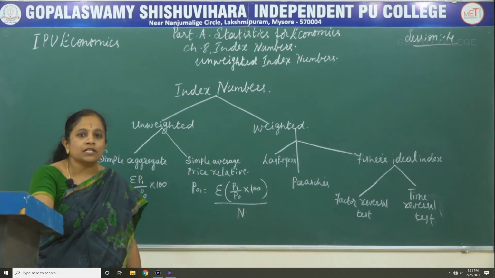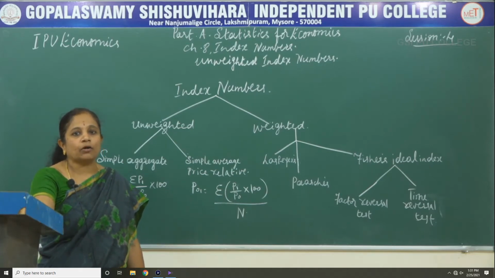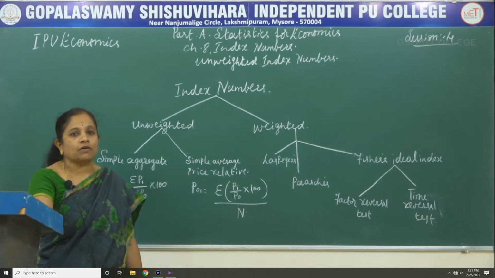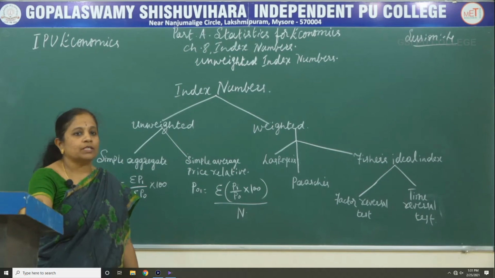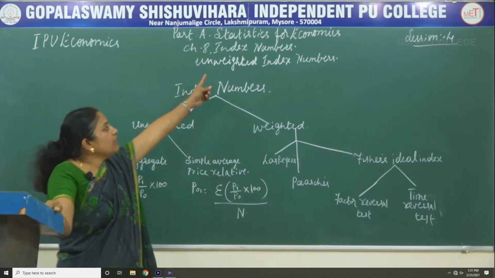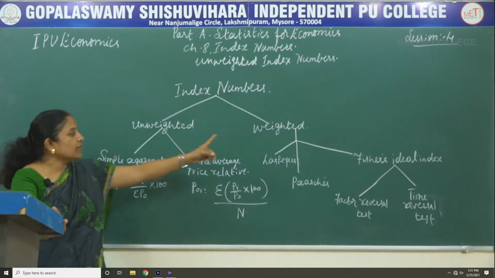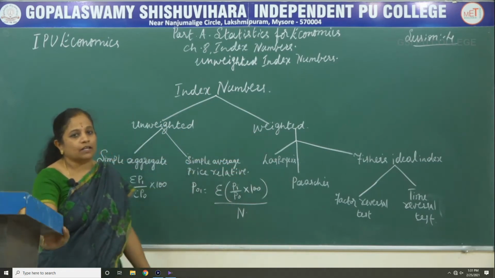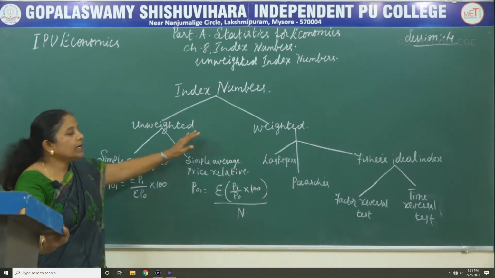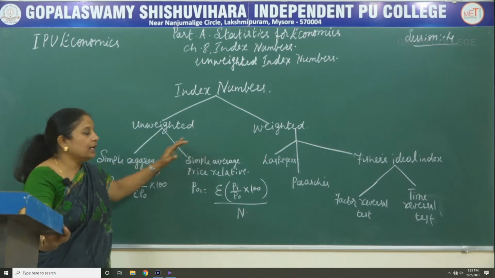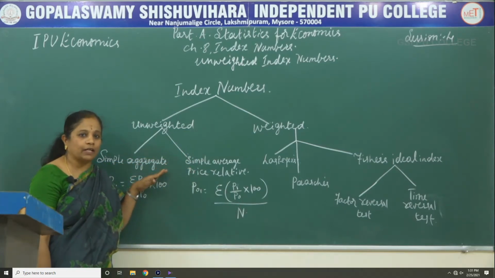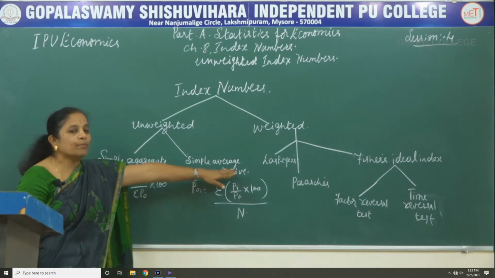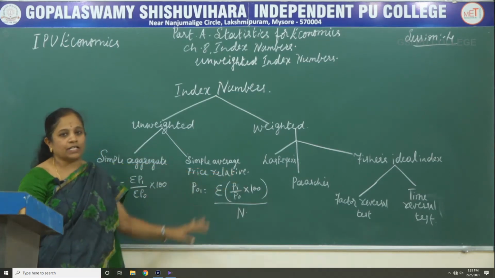In the previous sessions I explained the methods of construction of index numbers. There are majorly two methods: the first one is unweighted index number, and the second one is weighted index number. Under the unweighted index number again there are two methods: the first is the simple aggregate method, and the second is the simple average of price relatives.